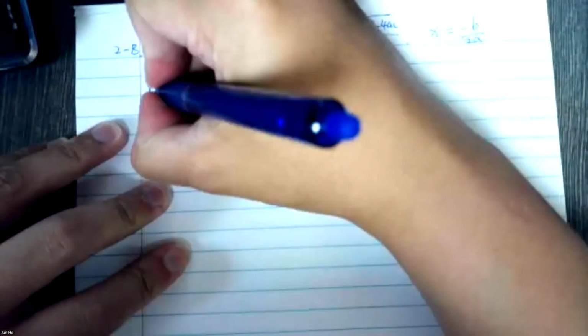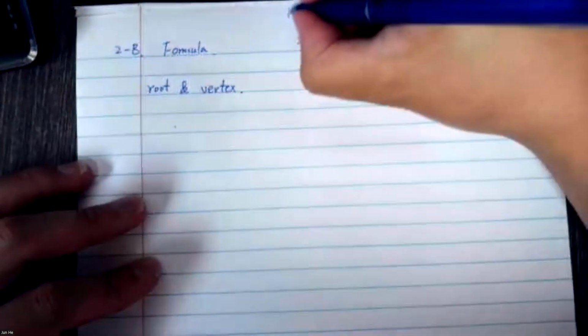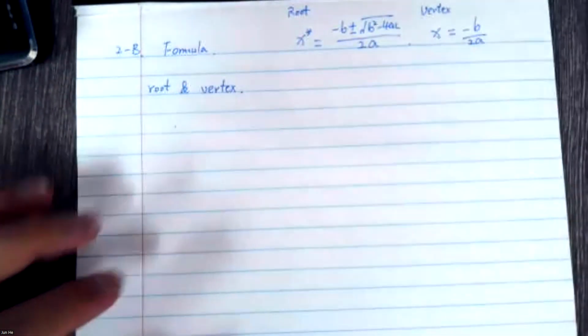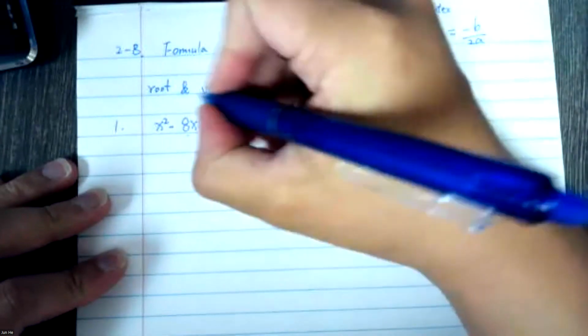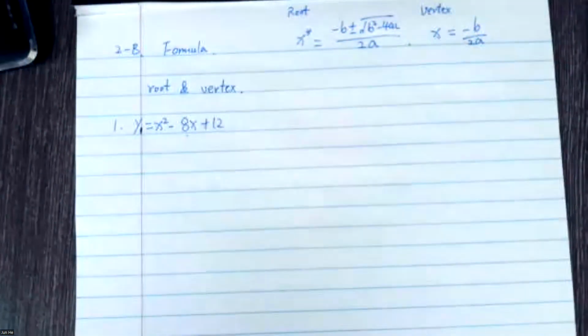So here we are to find the root and vertex. So this is root, this is vertex. Okay, so the first question that we are looking into is x squared minus 8x plus 12. So let's label this as y1, means function 1.